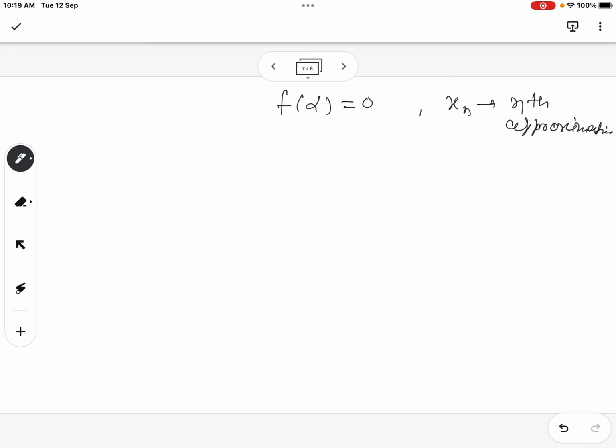Now using Taylor series expand the function about xn.